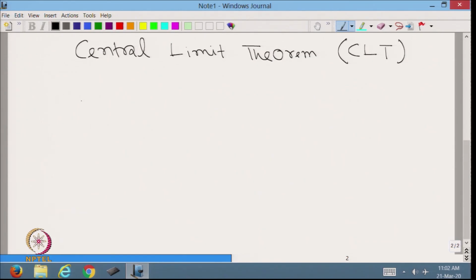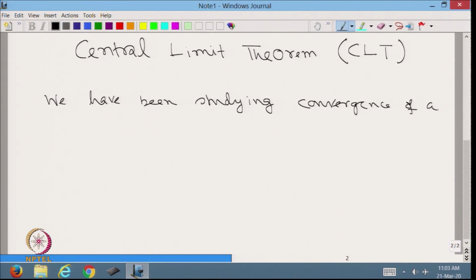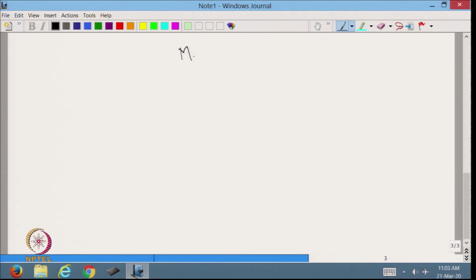Over the last few lectures, we have been studying convergence of a sequence of random variables. So, first we studied modes of convergence.